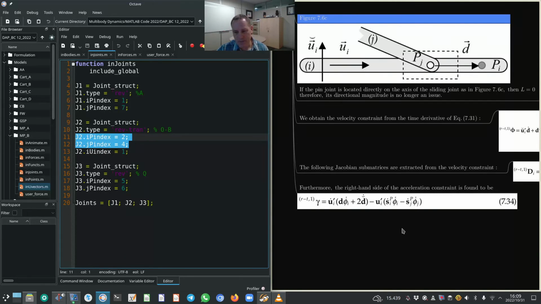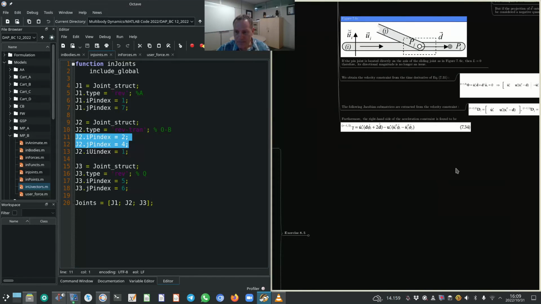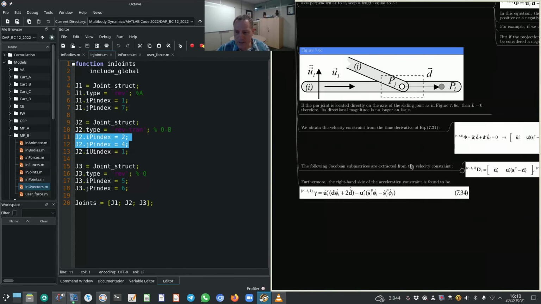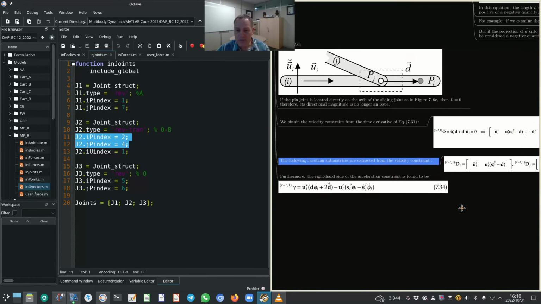So to wrap up, in terms of our Jacobian submatrices, as well as the right hand side of the acceleration equations, we've got everything that we need specified here in the input file in joints.